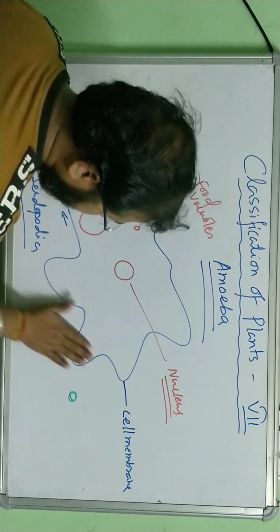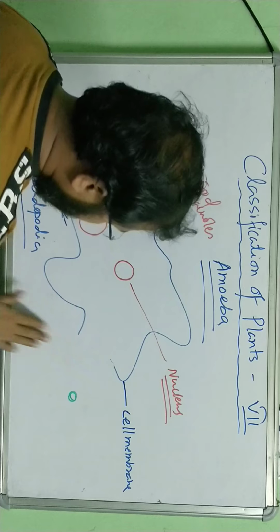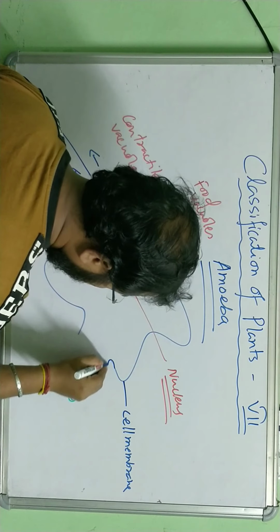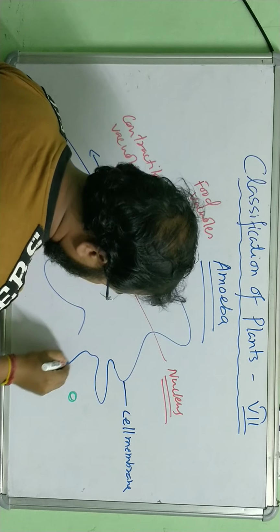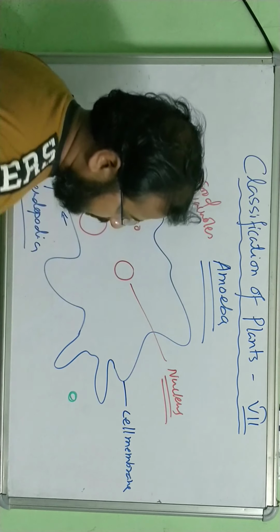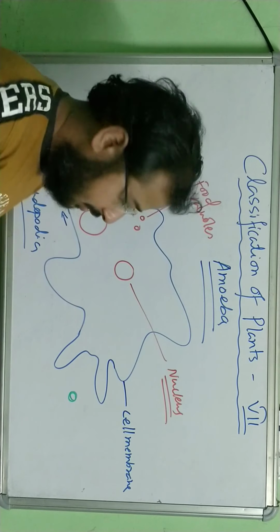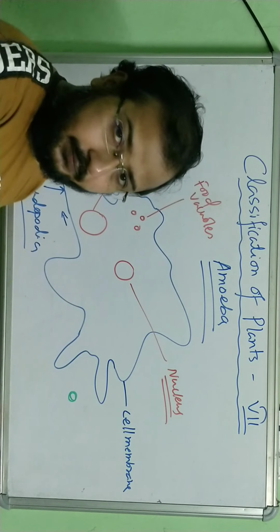So now what will happen? Amoeba will extend its two pseudopodia towards it. Understood? Now slowly it will be extended more.